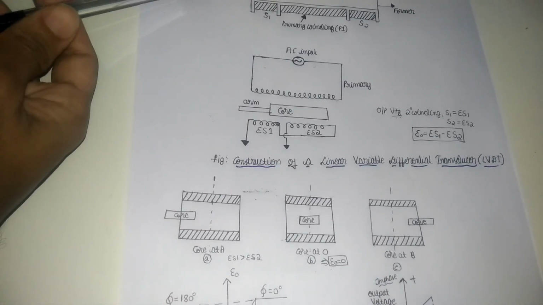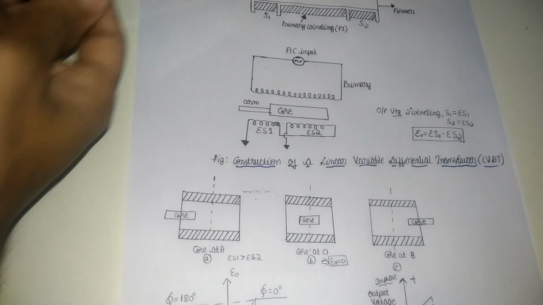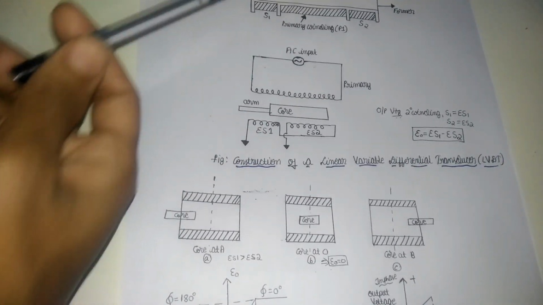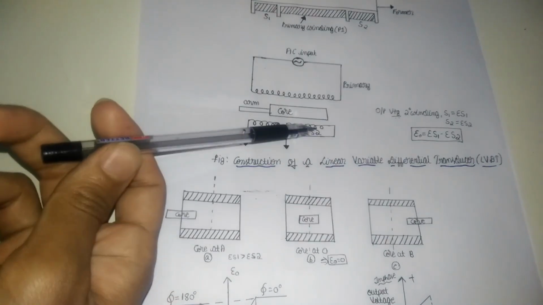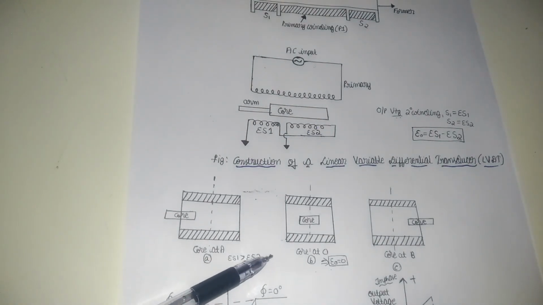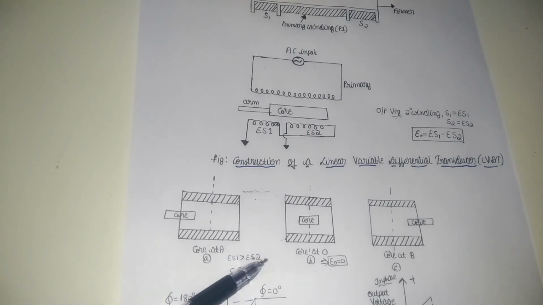As the core moves to the left side, more flux links with S1 and lesser flux links with S2. Hence ES1 is greater than ES2. Thus the magnitude of the output voltage is ES1 minus ES2, and here ES1 is in phase.